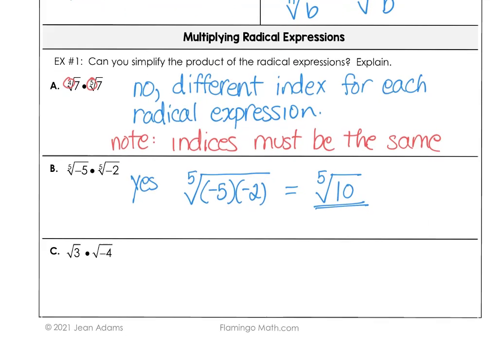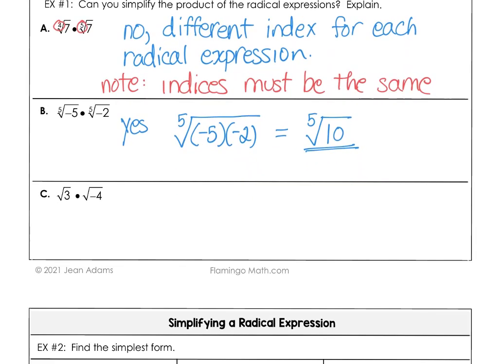Then finally in part C, we have the square root of 3 times the square root of negative 4. And we have a little problem there because the square root of negative 4 is not real. So we're being asked to simplify over the set of real numbers.